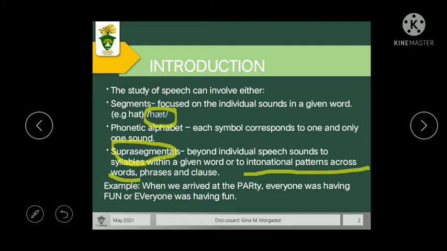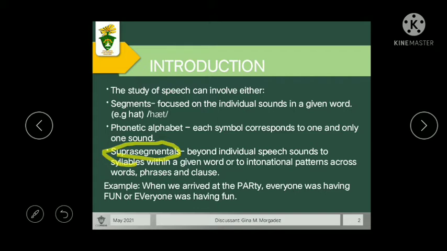But the main point in studying suprasegmentals is that sound can be examined beyond individual speech segments. Unlike segments, which focus only on individual sounds, suprasegmentals go beyond the individual speech sounds.